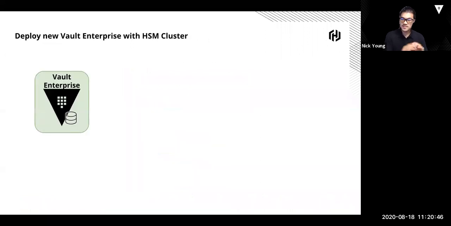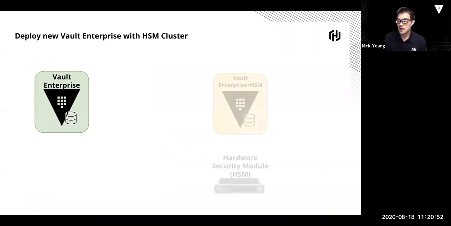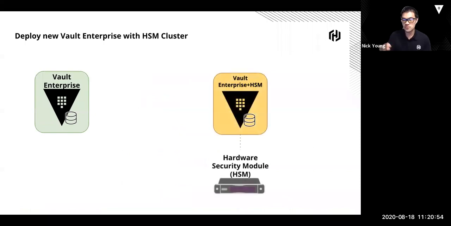So let's say, I'm just simplifying the diagram, we have our Vault Enterprise implementation and it's in production and it's rolling well. What you would do in this case is deploy a separate Vault Enterprise with the HSM binary as a separate cluster and have that integrated with your hardware security module, whether that's on-prem or in cloud.